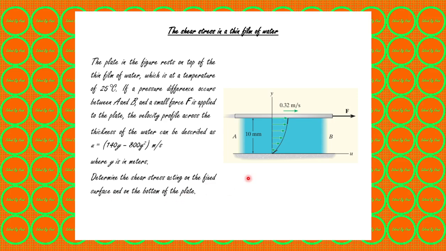So let's look again at the figure of the problem. Here we have A and B, and this is the plate, and this is the force applied, F. This is the bottom of the moving plate, and this is the fixed surface.